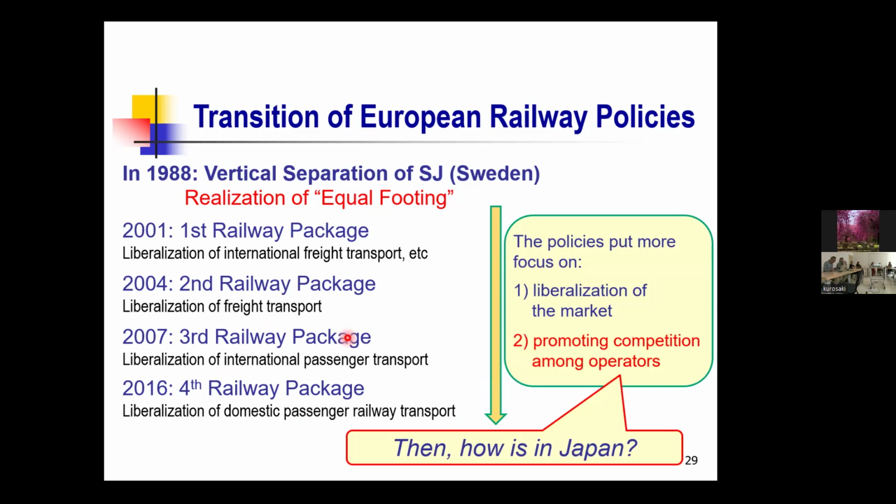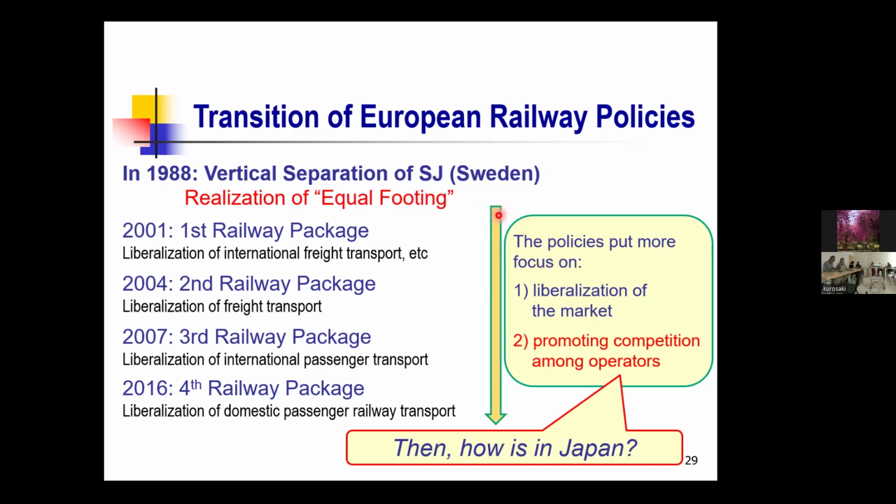This slide shows the transition of European railway policies. As I noted, the original aim for which Sweden introduced vertical separation was attaining equal footing between different transport modes.